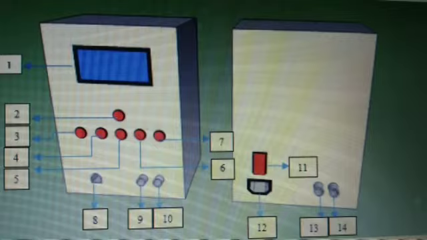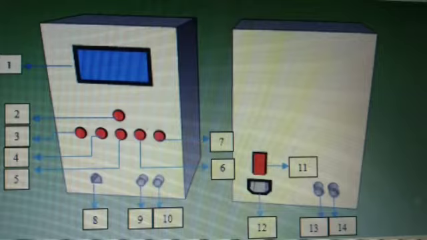The mechanical diagram of the system is as follows. Number 1, display LCD character. Number 2, reset. Number 3, up or down. Number 4, start or stop. Number 5, enter. Number 6, flow rate.